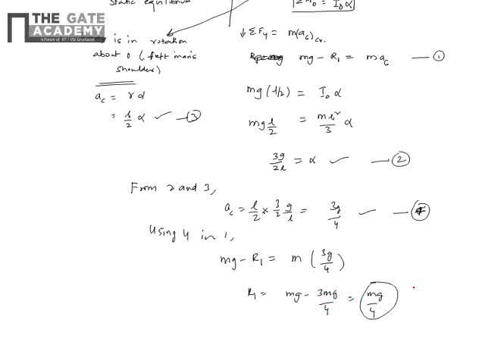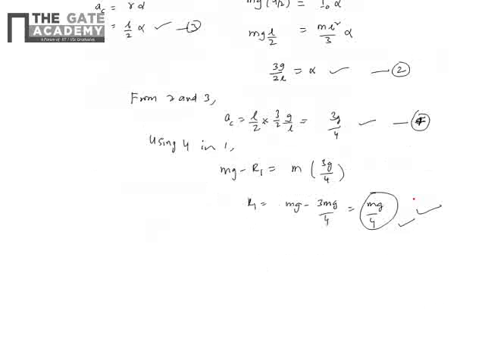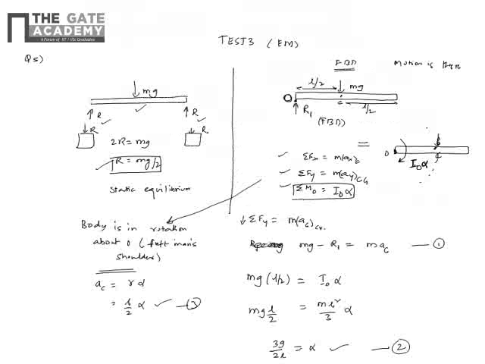So R1 is mg minus 3mg by 4, or mg by 4. Compared to your starting value, which was mg by 2, the reaction that the man provides on the beam, or by Newton's third law the force on the man, is now mg by 4. This is the reaction provided by the man on the beam just when the other man goes, because it's in dynamic motion, not static.